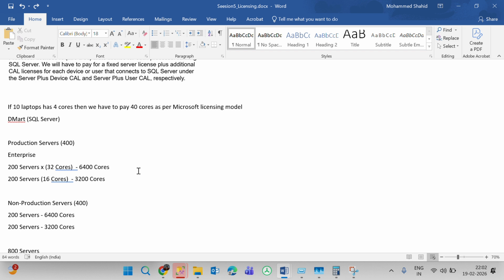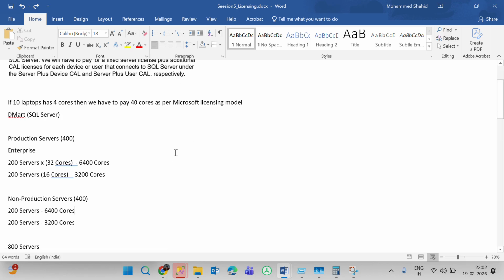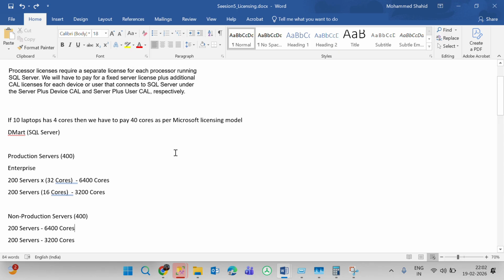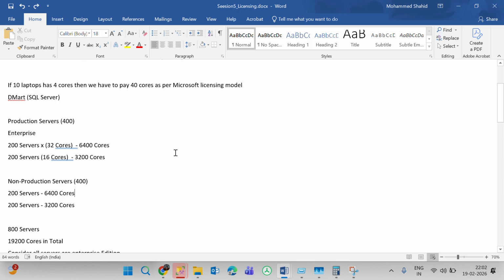We can just suggest. Anyone who wants to can research the servers in the environment where they are working. If we are not sure what to suggest, just talk to seniors and share your observation, for example: I have found this many servers, 400 servers, that can be enterprise, and these 400 servers can be non-prod.